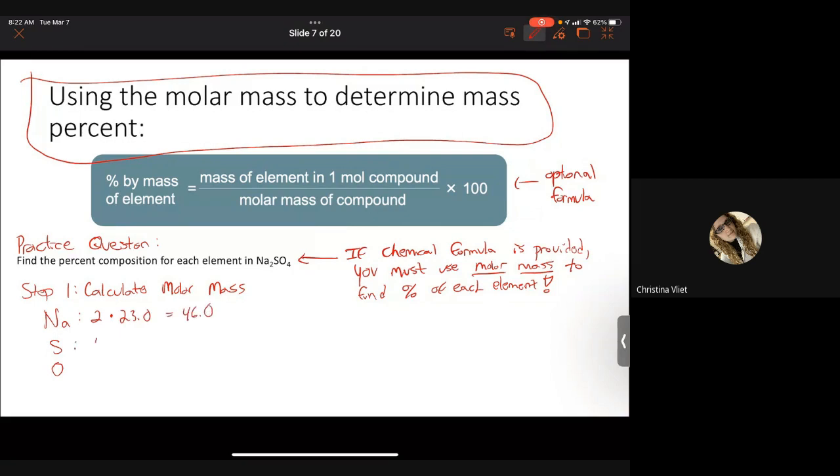Sulfur, we only have 1 of them, and its mass from the periodic table is 32.1. And then oxygen, we have 4 of them, and its mass is 16. So that will give us 64. Then we're supposed to add up all of our masses together, and that'll give us the molar mass of the entire compound. So we get 46 plus 32.1 plus 64 is 142.1.